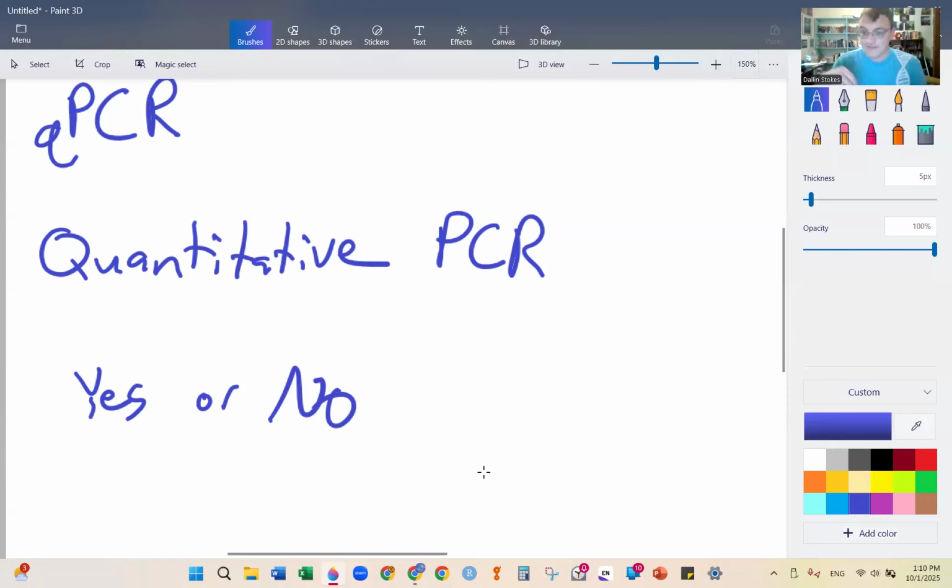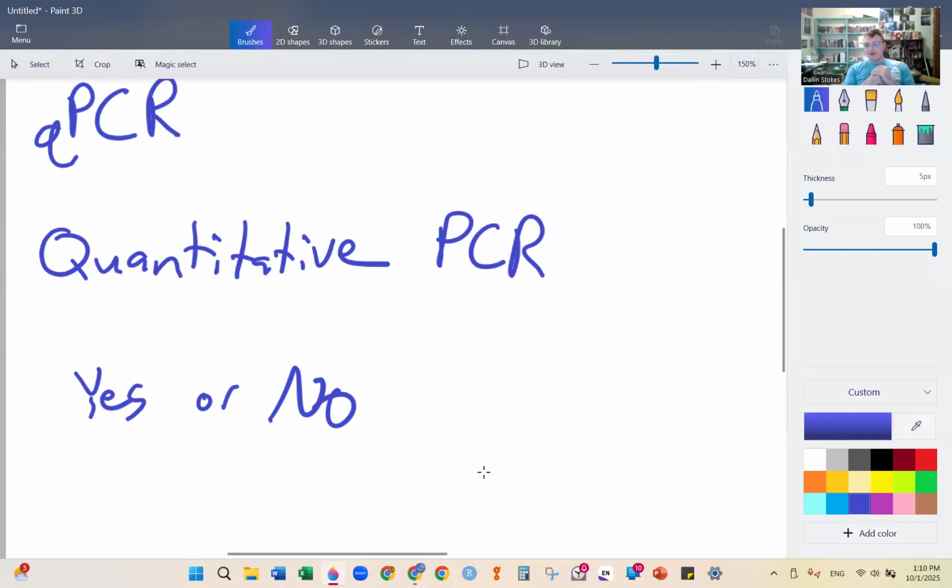So for example, if I did ordinary RT-PCR, I'm trying to diagnose you with COVID. I use the RT, the reverse transcriptase, to convert it into DNA, and then I make a lot of PCR products. And so I see that and I say, yes, you have COVID, right? Because PCR worked.